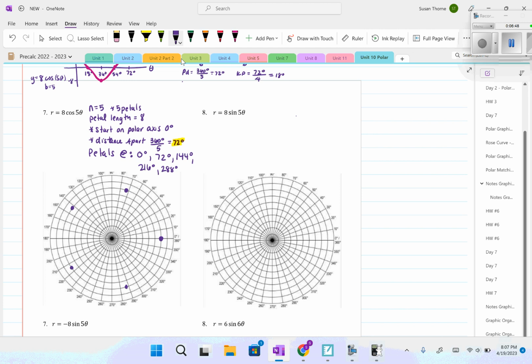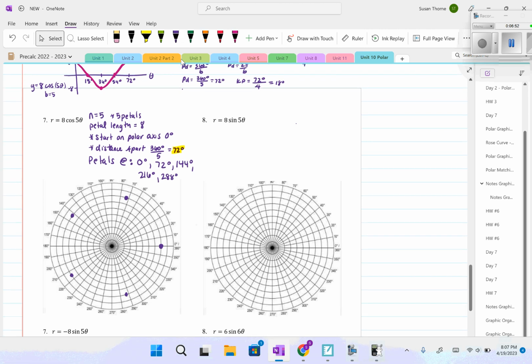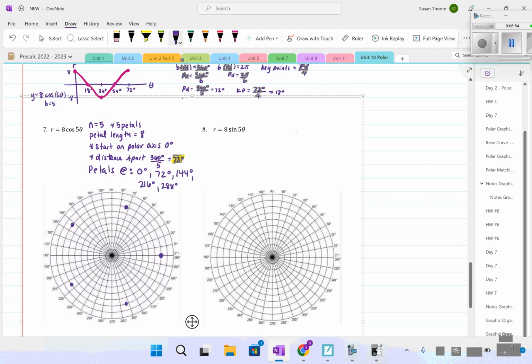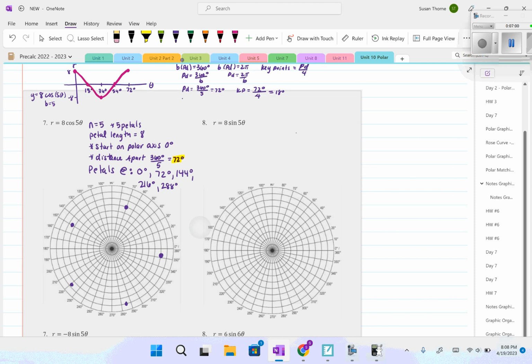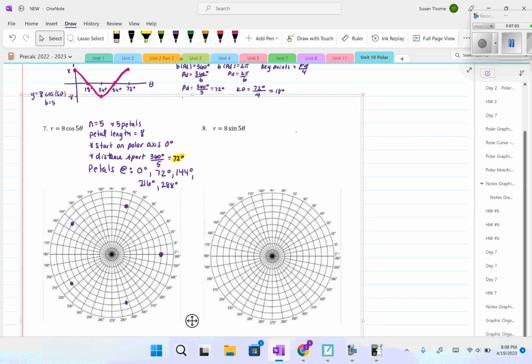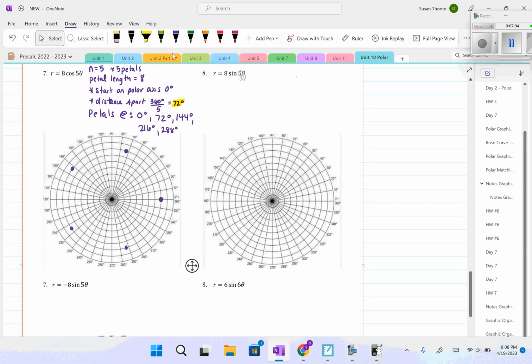Now, there's a way to figure out how wide your petals are going to be based upon where your zeros are hitting on your graph, but we're not going to worry about that for now. I just want you all to be able to get those points and then graph them.